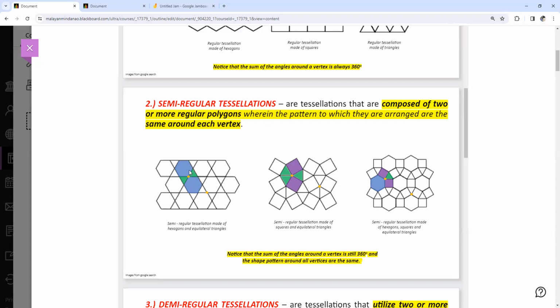And notice that the vertices are surrounded by two triangles and two hexagons. And no matter which vertex you look at, that's the same pattern repeated. The vertices are always surrounded by two hexagons and two equilateral triangles.